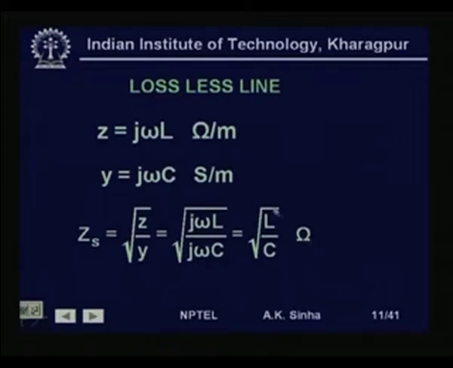Now, if you look at this Zs, you find that this quantity Zs is a pure real number, that is, the surge impedance is purely resistive in nature. It is not a complex number, as we had seen earlier. Zc is a complex number.